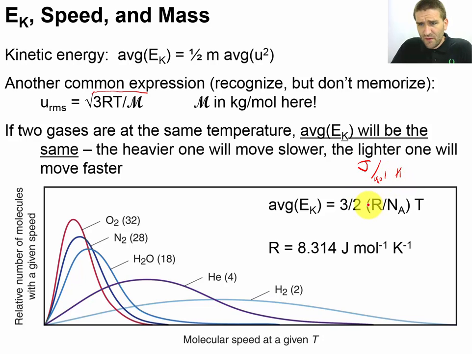Well, if we were to expand that out and we think about this unit, you can see that joules is going to be our energy unit in this case. Now, if you remember back, when we defined joules, we said that inside of joules, we've actually got the units kilograms, meters squared, divided by seconds squared.